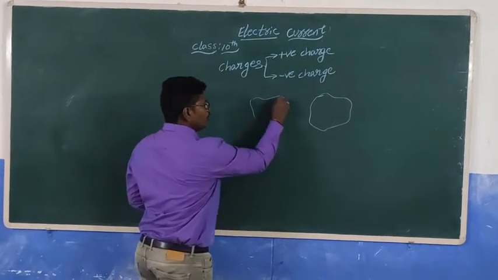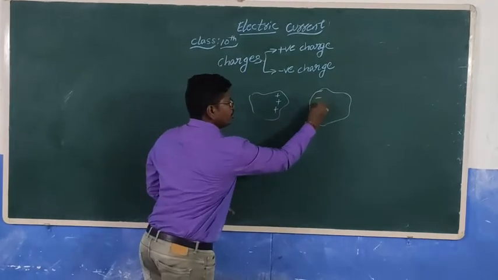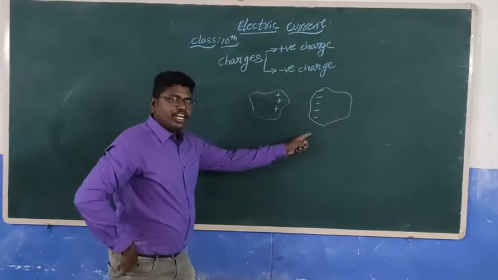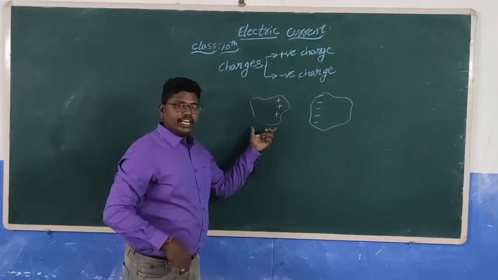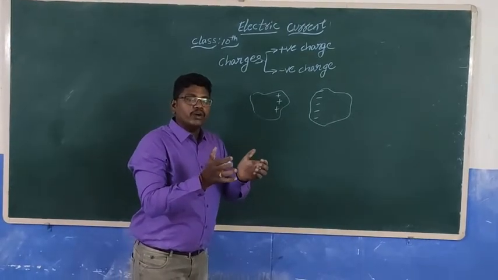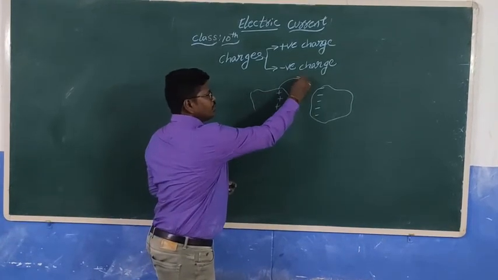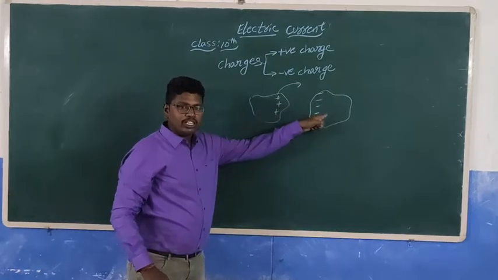For example, one cloud has positive charge and the other cloud has negative charge. Internally in the clouds the charges are accumulated, and one of the charges tries to move from one cloud to another cloud.